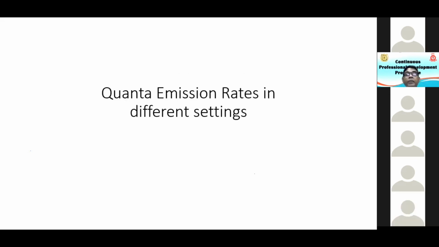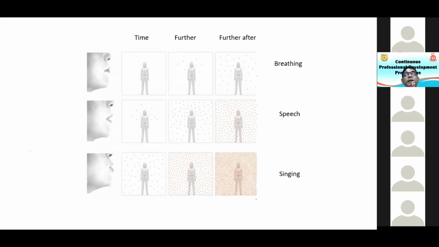Contamination rates in different settings. Here you can see a closed space, a person producing different types of droplets, the number of contacts. When the person is breathing, you can see from 3 graphs or 3 photographs the number of contacts produced with time.